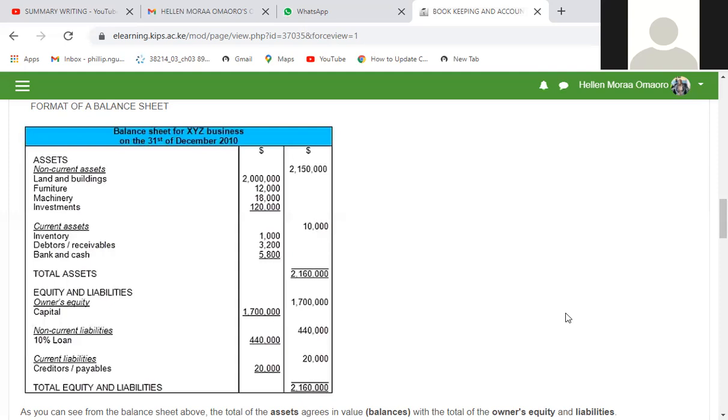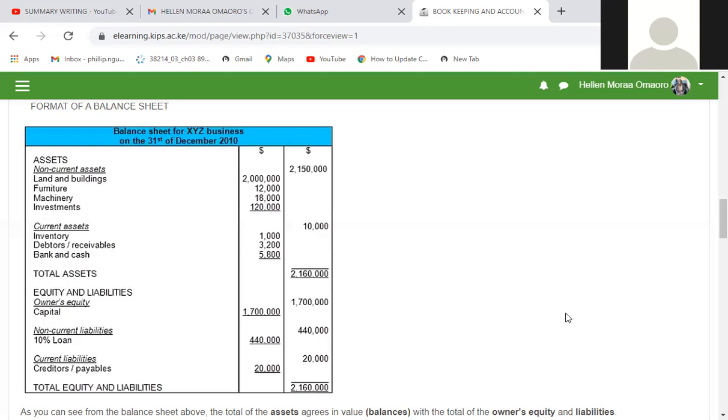But now I've given you the simplest, whereby you look at the equity and liability. Equity is the capital, and also we look at the assets. So we have the total assets, which you can also call net assets, and we have the net capital. That is the total equity and the liabilities.